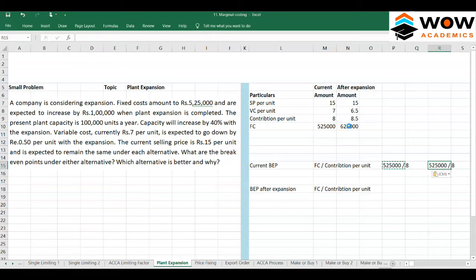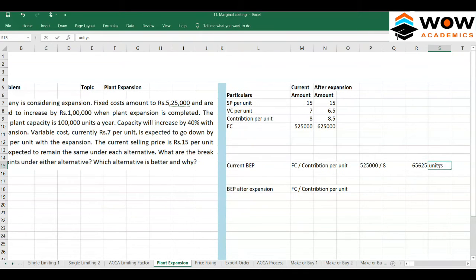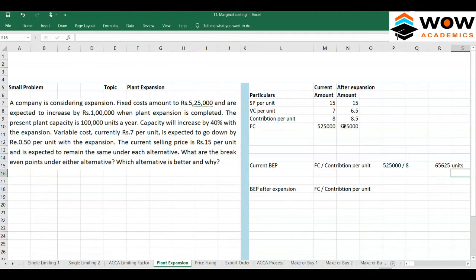So we need this many units to break even. And after expansion it's going to be 6,25,000 divided by 8.5 per unit, and our BEP will be this many units.